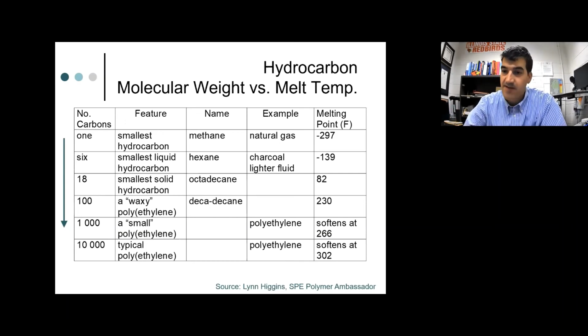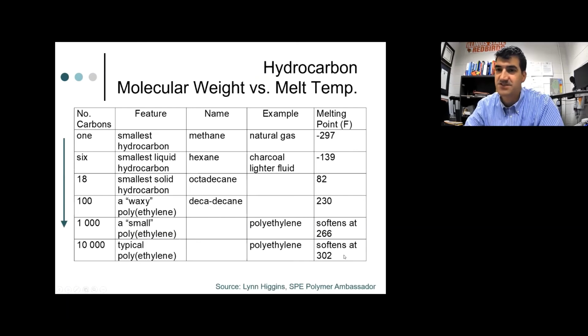And so as the chains get longer through these hydrocarbons, the melting temperature gets higher and higher, and so would the boiling temperature, to the point where if you get a really, really long chain, tens of thousands of carbons, it doesn't really even melt.